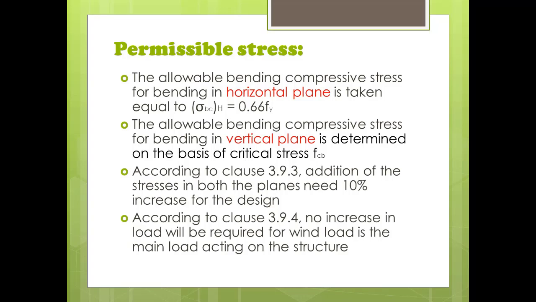According to clause 3.9.3, addition of the stresses in both the planes needs a 10% increase for the design. Again, according to clause 3.9.4, no increase in main load will be required, where main load is the main load acting on the structure. So, what do you mean by this?